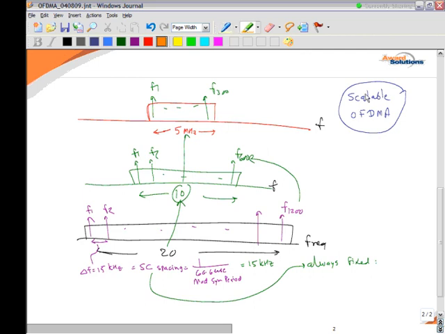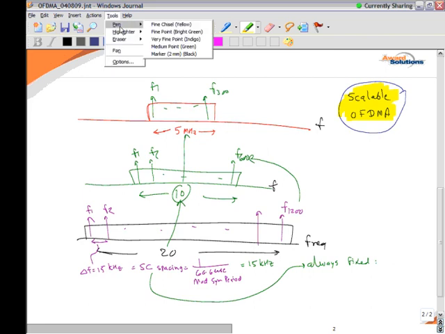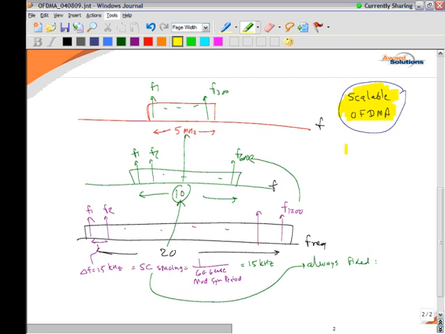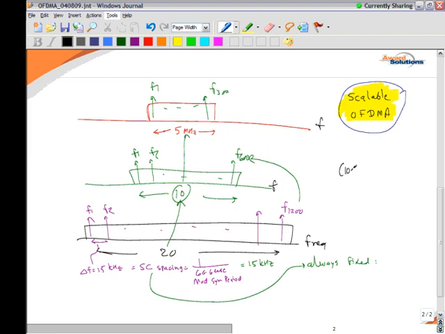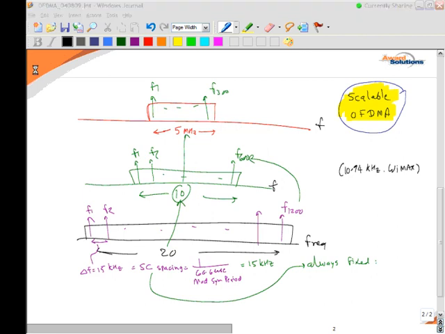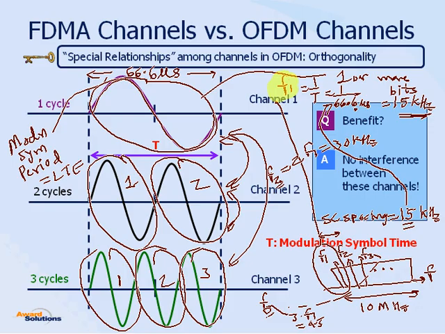It's called scalable OFDMA, and that's the kind of OFDMA we use in LTE and WiMAX both. In WiMAX, the spacing between two subcarriers is 10.94 kilohertz, rather than 15 kilohertz in LTE. Okay, so let's get back to our slide.